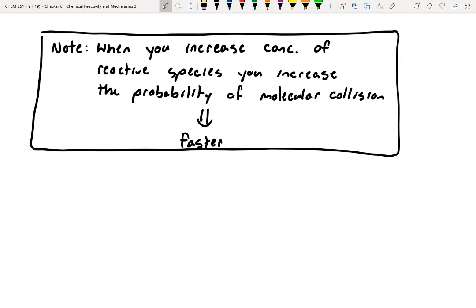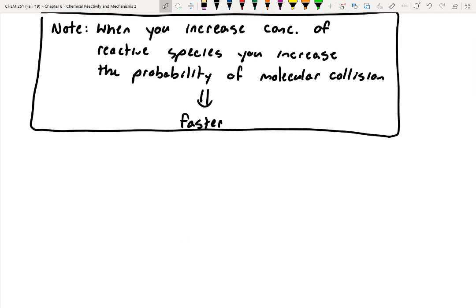All right, there's a variety of different reaction rates that we need to consider. The first is what's called a first-order reaction. Does anybody remember what happens in a first-order reaction? What does it depend on the concentration of? One thing or two things? It's just one thing.